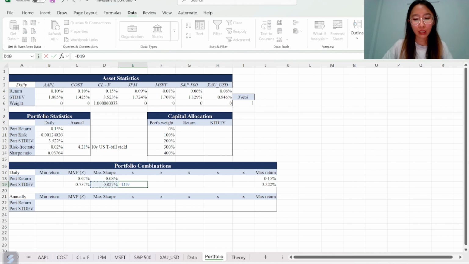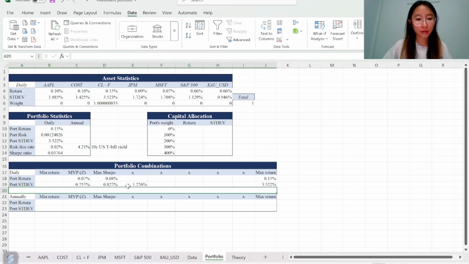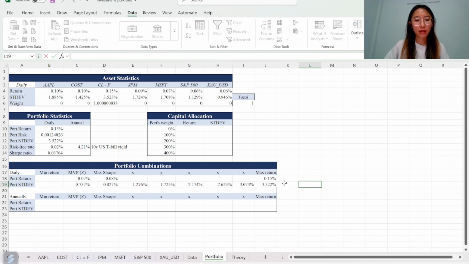So it is the previous standard deviation plus the difference between the max return standard deviation and the standard deviation of the max-Sharpe ratio, divided by 6 because I have 5 portfolios here. With this, I have gradually increased standard deviations.